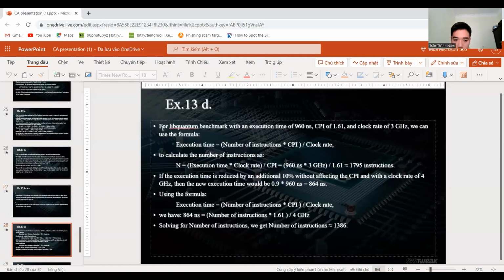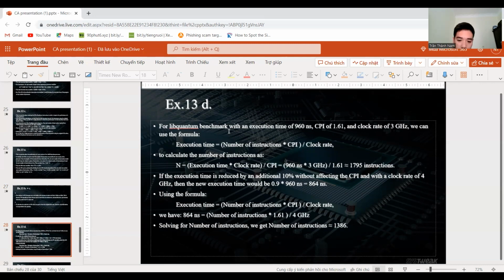In the D part, for the quantum benchmark with an execution time of 960 nanoseconds, CPI of 1.61, and clock rate of 2 GHz, we can use the formula execution time equals number of instructions multiplied by CPI over clock rate.